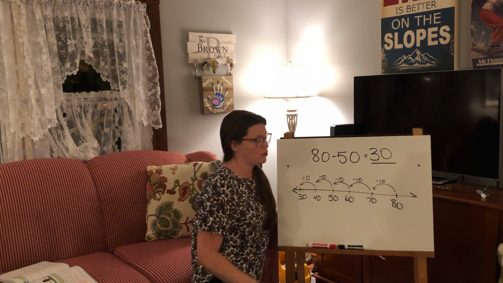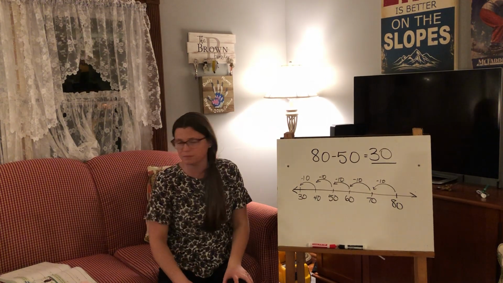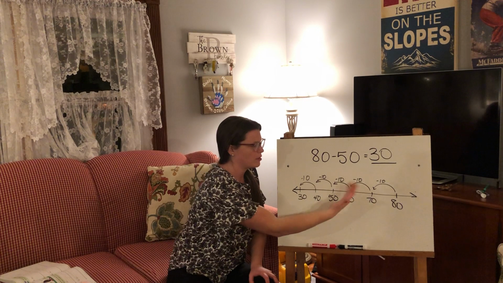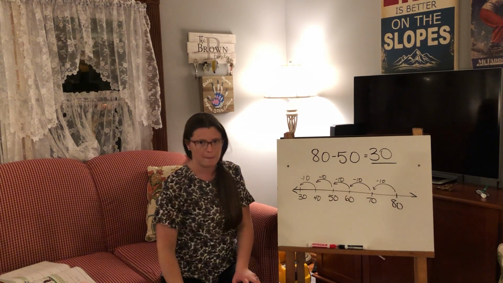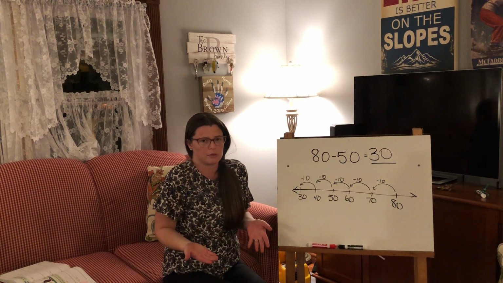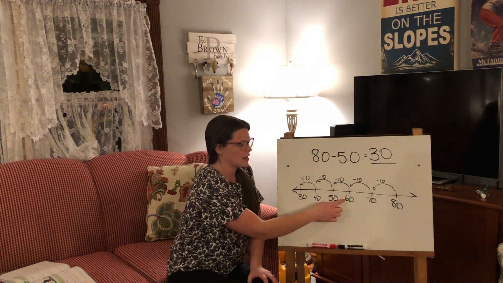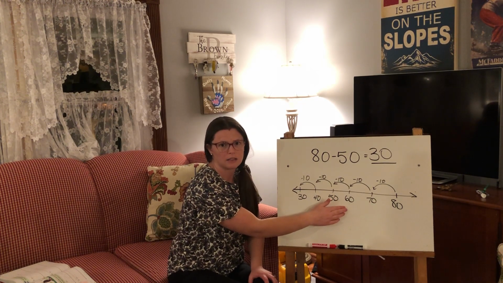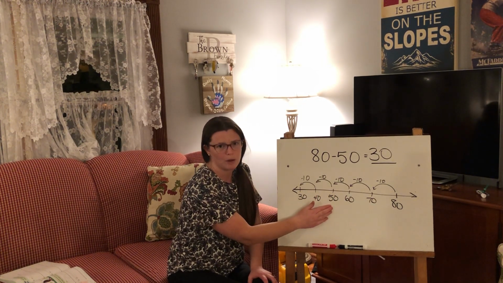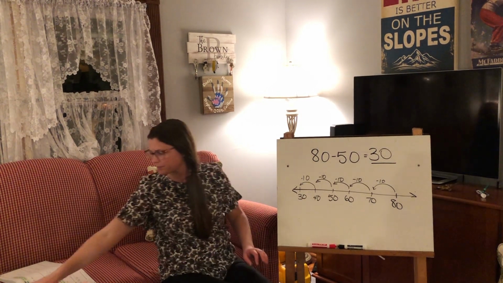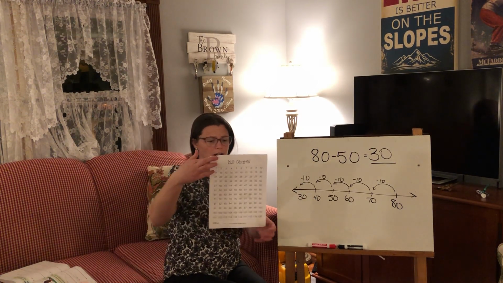Now, if you're struggling with figuring out what number would come before, let's say 70, the easiest way, I think, is, okay, what's the number that comes before 7? It's 6, so it would be 60. What's the number that comes before 6? It's 5, so it would be 50. But if you're still struggling with that, you can use your 120 chart.